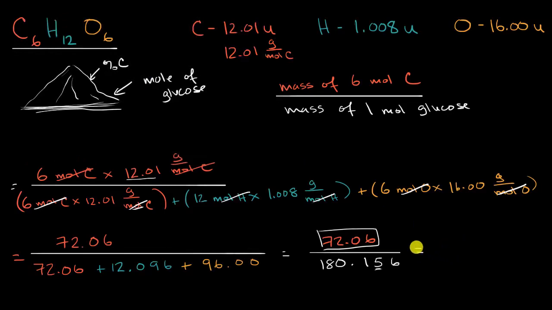So this will be approximately equal to 0.4000, or we could say 40% or 40.00% carbon by mass when we round to 4 significant figures. And we are done.